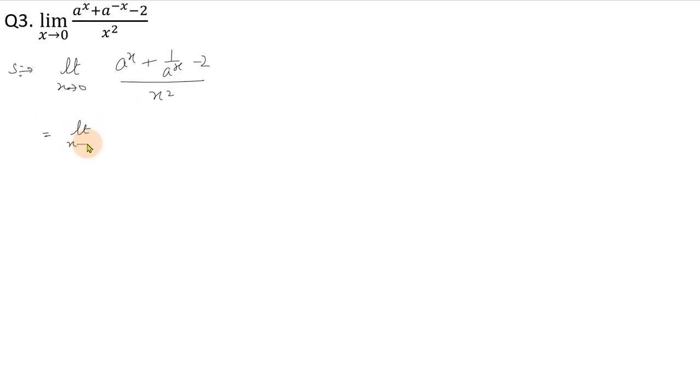So after taking LCM we get a power 2x minus 2 into a power x plus 1 whole upon a power x into x square.